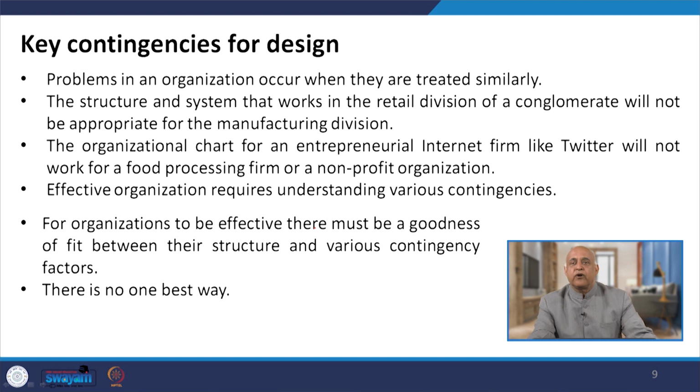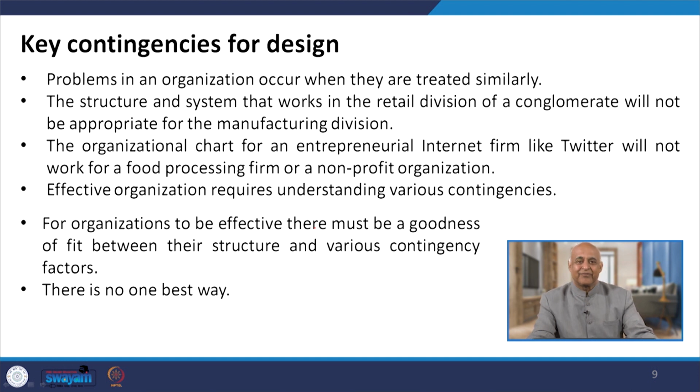I understand there will be certain resistance to change, but it is the art of HR to make these changes. The structure and system that works in the retail division of a conglomerate will not be appropriate for the manufacturing division. Therefore, the retail division has to be definitely different from the manufacturing division.